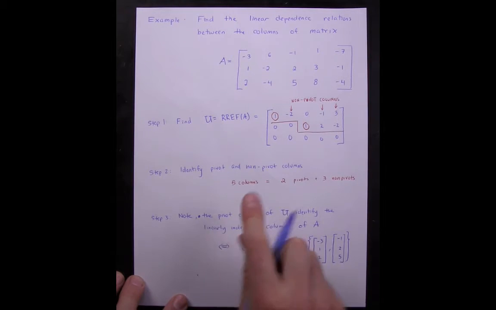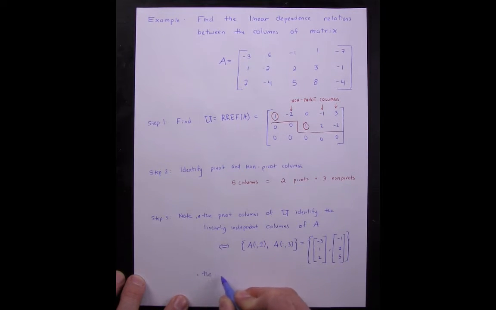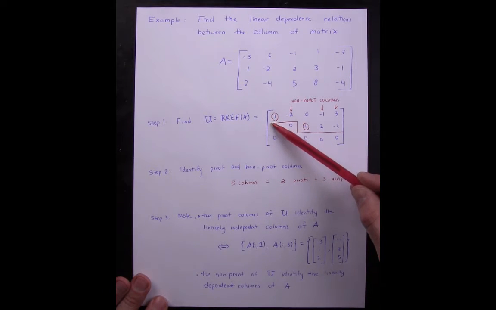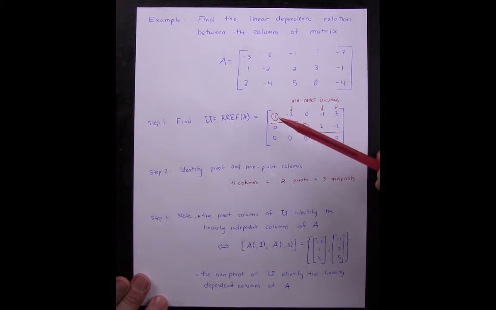On the other hand, the non-pivot columns of U are identical to the non-pivot columns of A, and these identify the linearly dependent columns of A. The way you can think about this is, when we have this stair-step structure in the RREF form, the pivot locates linear independence, so new information not contained in the previous columns.